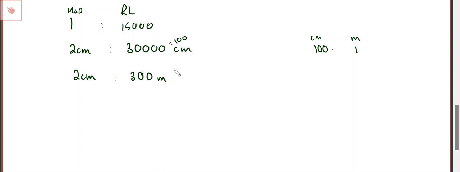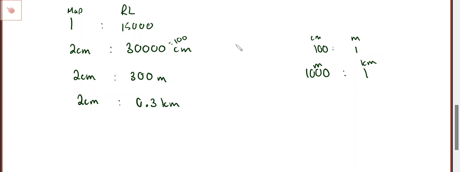So the 2 centimetres on my map is 300 of these. Which, if you then know that 1,000 metres is 1 kilometre, then 2 centimetres on the map is actually only 0.3 kilometres.